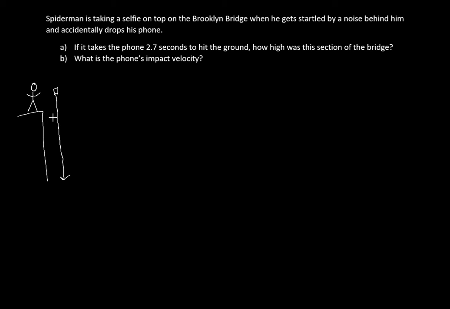So let's go ahead and take a look and see, now that we've got this situation, the phone is going to drop from there to there. I'm going to call this position 0 because that's where it starts, and this position 1 because that's where it ends. So we need to figure out the initial position, the initial velocity, the final position and the final velocity.